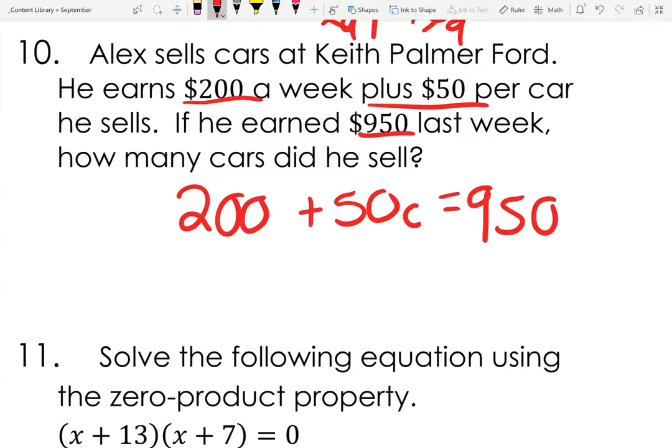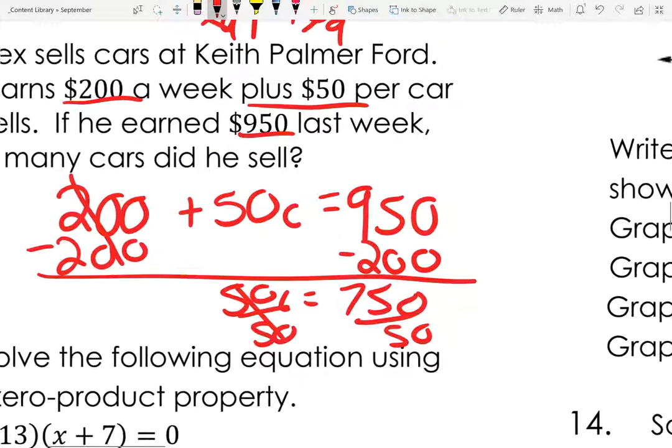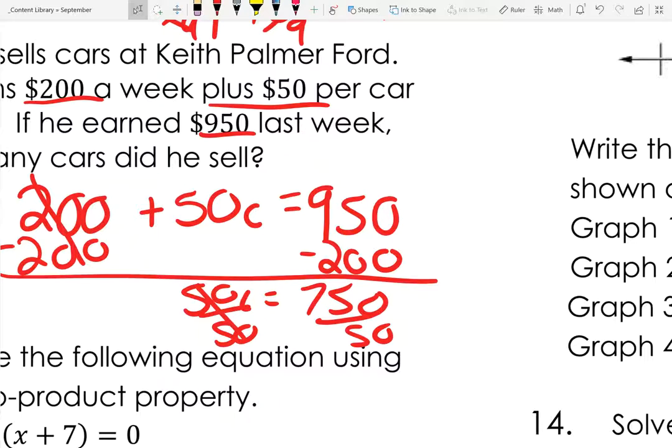So when we solve this, we subtract 200 just to get rid of that. And that leaves us with 50C equal to 750. And then just divide by 50. So this gives us, I believe it's 15. C equals 15.